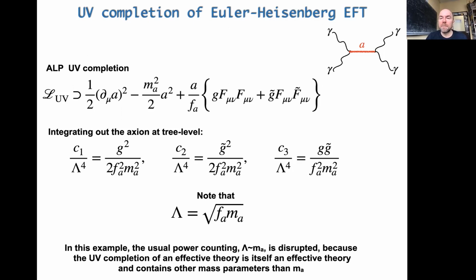So they will contribute to some scattering between the photons, and again will contribute to these effective operators in the Euler-Heisenberg Lagrangian, but with a different pattern than what was predicted in QED.